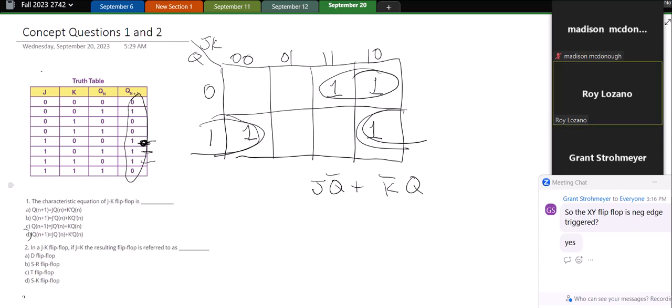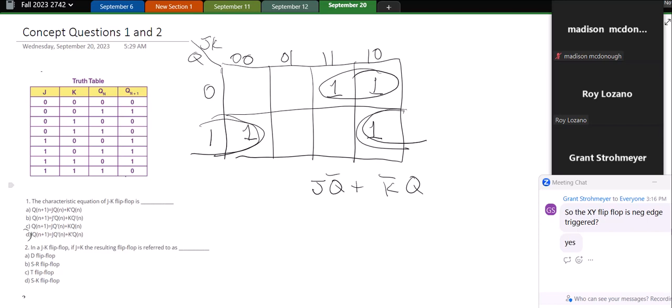Yes. Okay. In a JK flip-flop, if J equals K, then what would the resulting flip-flop be referred to as? So what we want to look at for this one is we're saying if J equals K. So we are making this to where we really kind of just have one input.